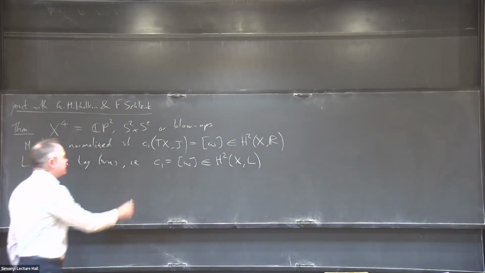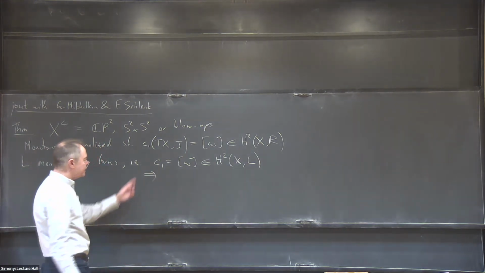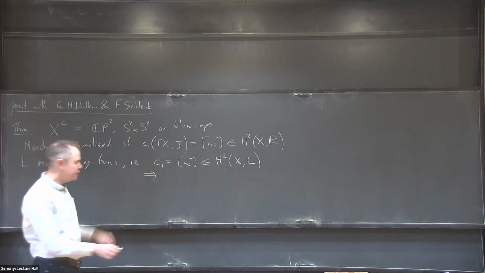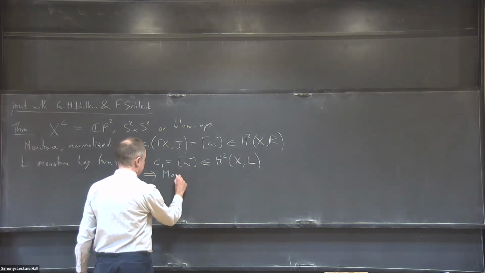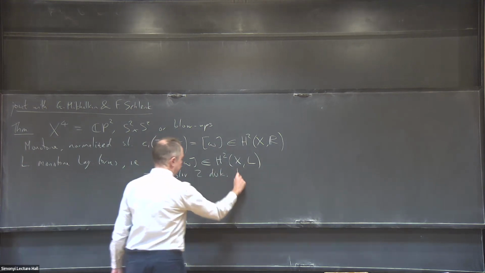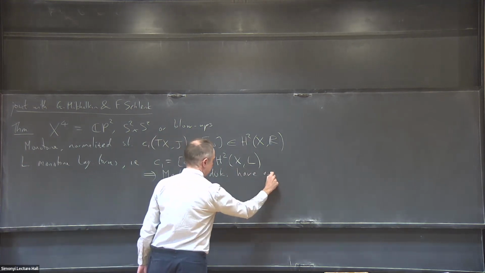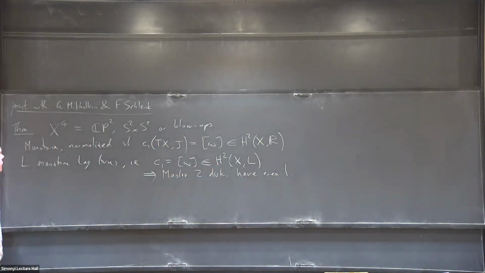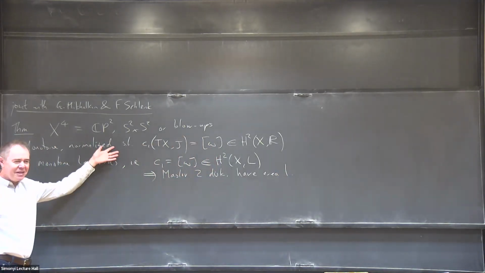Another way to say this is that Maslov 2 disks have area 1. That's how we're normalizing it. It just makes it convenient.